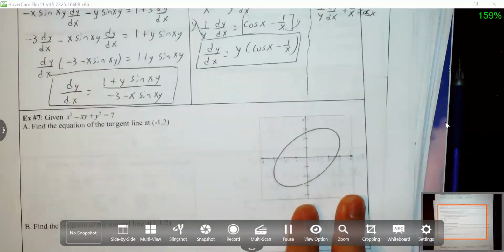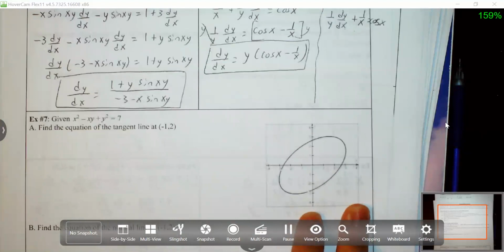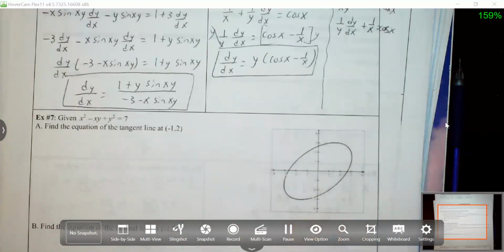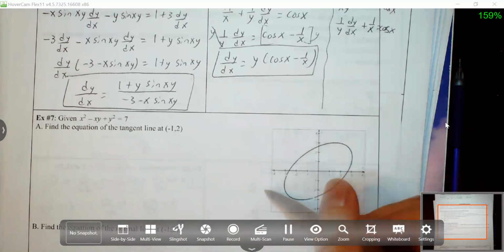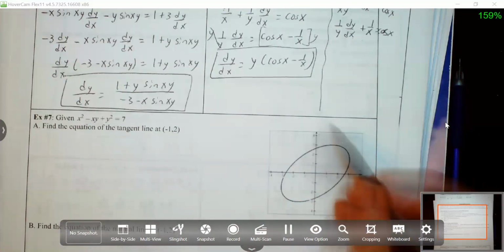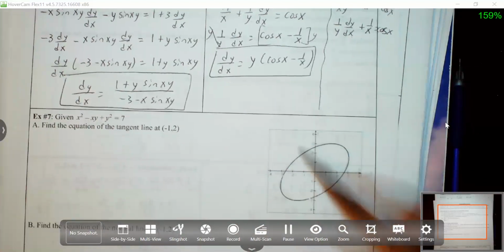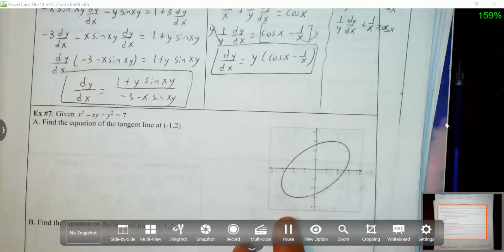So this picture is just showing you what the graph looks like. But most of the time you're not going to have a graph to show you what it looks like, because you could just sketch the line here and do it, but we're not sure that you'll be as accurate as you probably can be. So the best thing to do is just to take the derivative.